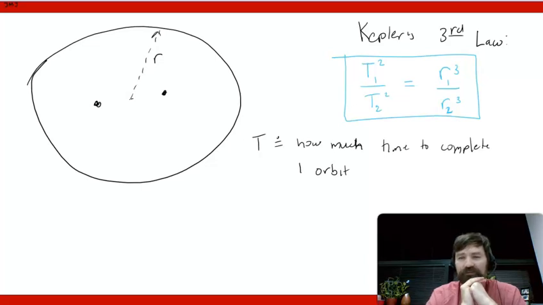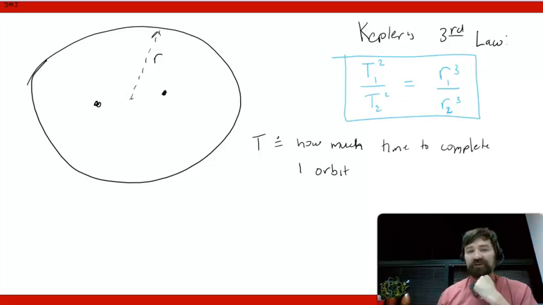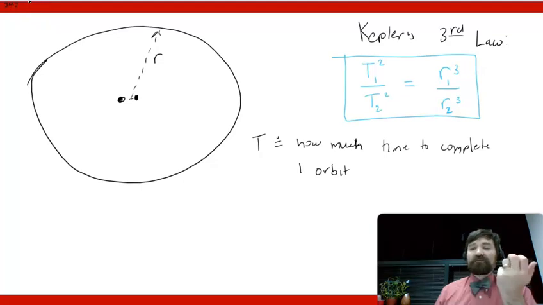We can simplify a little bit more if we make use of an elliptical orbit that's nearly circular and put the sun at one of the two foci. So I've drawn the two foci far apart in all these drawings, but in actuality, they should look more or less like this, where they're very close to each other relative to the size of the circle.